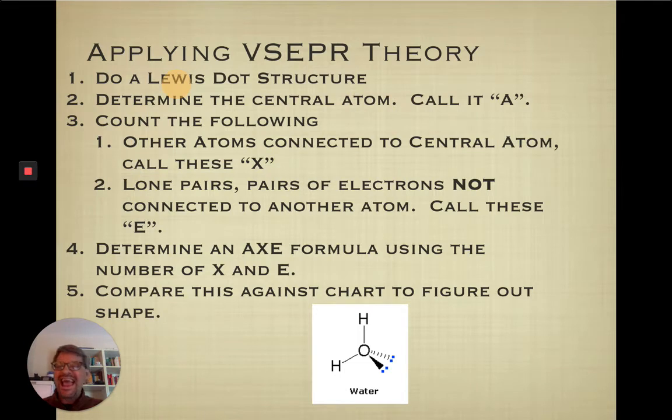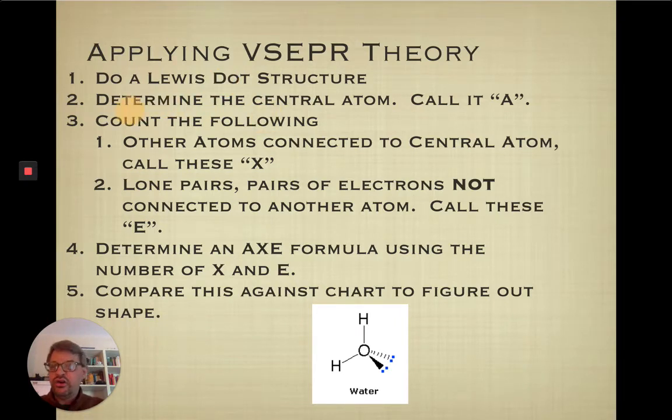When you look at any molecular shape, the basis behind knowing that shape is this theory. Okay? Now, because you're just learning about this, we're going to deal with simple molecules with simple shapes, with not many atoms. Okay? So your first step then is to do a Lewis dot structure, do your electron dot structure.